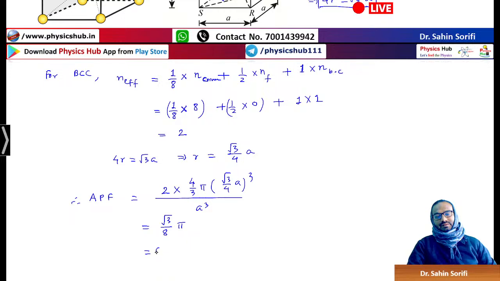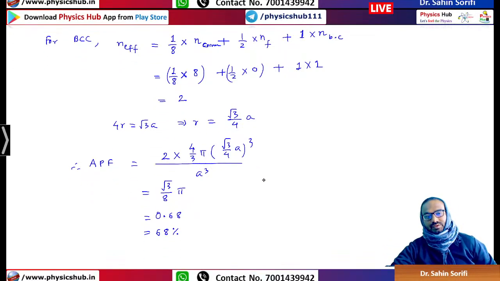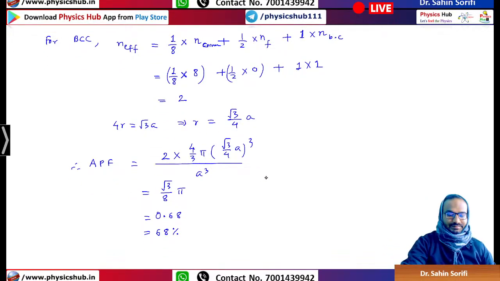If you calculate this, you will get 0.68. So this is 68%. So you can see it is comparatively more tightly packed. Is it clear, guys? Tell me.